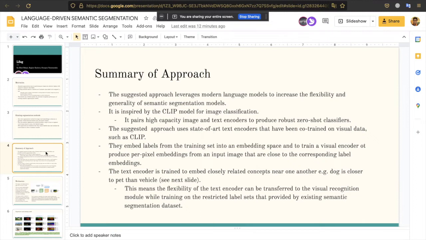And so the text encoder that this particular model uses is the CLIP text encoder, and the image embedder is the dense prediction transformers. So it pairs high capacity image and text encoders to produce robust zero-shot classifiers. This is how, without actually using any training data, you're using pre-trained models. One of the models is a text encoder, which embeds the text data, and the other is an image encoder, which embeds the image.